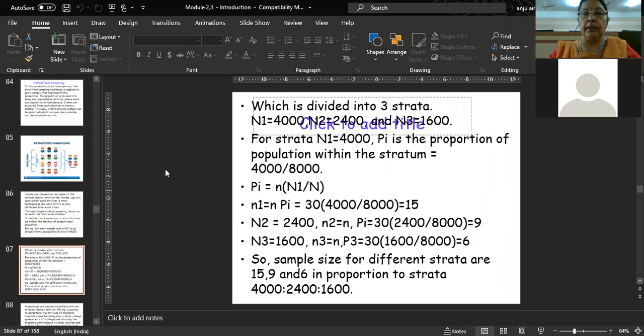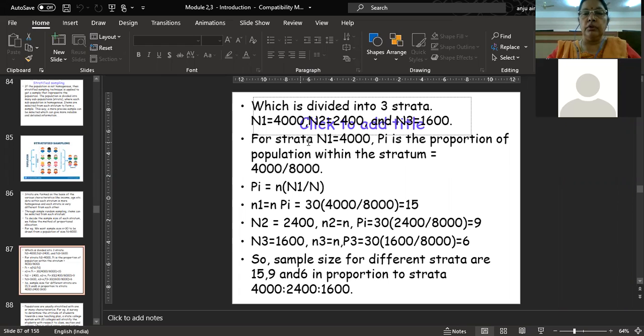So how do you do that? So you divide the population into three strata, three groups, subgroups. So N1 will be 4,000, N2 will be 2,400, and N3 will be 1,600.